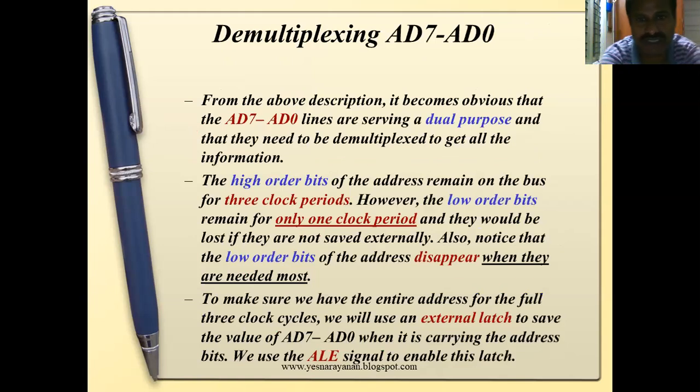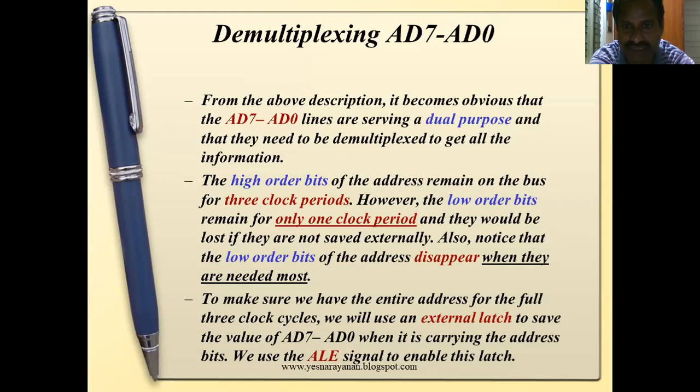From the above description, it becomes obvious that the AD0 to AD7 lines are serving a dual purpose, and that they need to be demultiplexed to get all the information. The high order bits of the address remain on the bus for 3 clock periods.